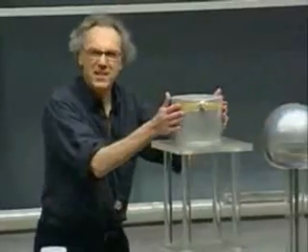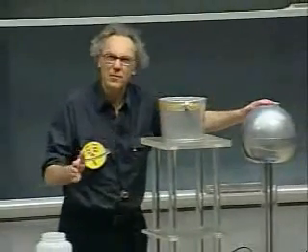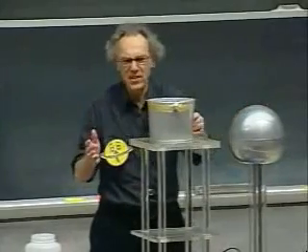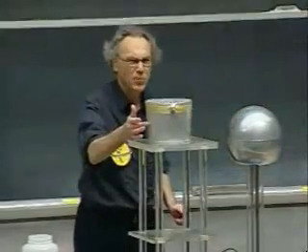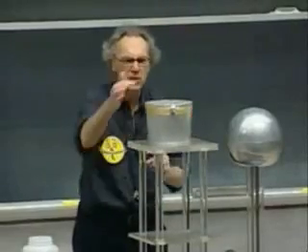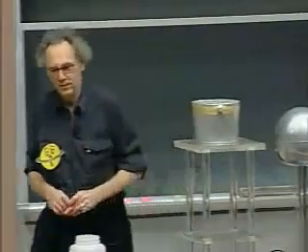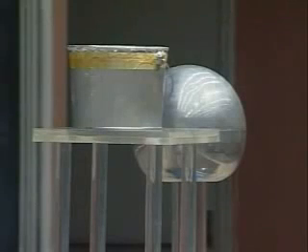That's quite amazing, isn't it? If this were positive, let's assume it is, then this side becomes negative, this side becomes positive, the whole thing is in equipotential, no charge inside. Quite amazing. So let's turn on the Van de Graaff. So we create that electric field.